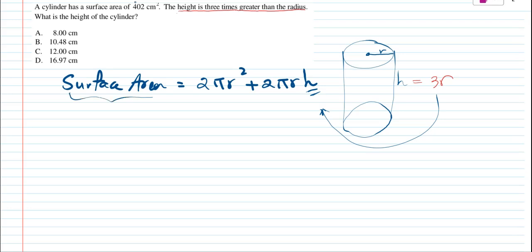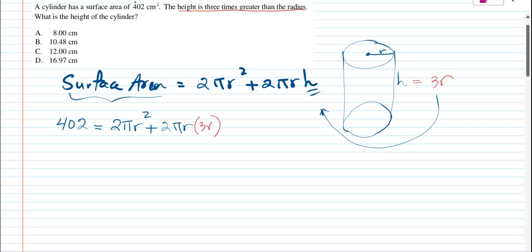Now, we know the surface area value, so we're going to rewrite it. We're going to do 402, ignoring the unit for the moment, then we'll come back and rewrite the unit. So 402 equals 2 pi r squared plus 2 pi r h. Now, in terms of h, let's take the 3r in there.